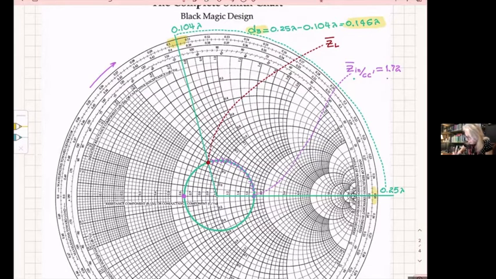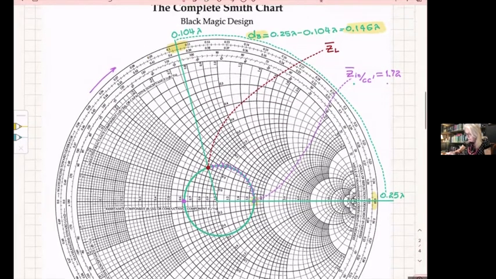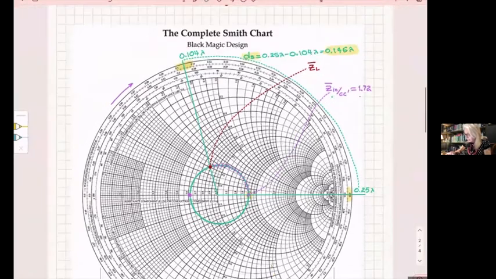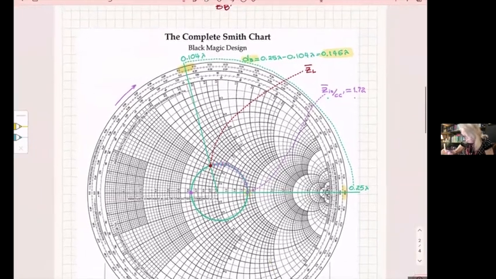Okay, so now I'm at this point. And at that point, what I found is that my y input at CC prime is 1.72.